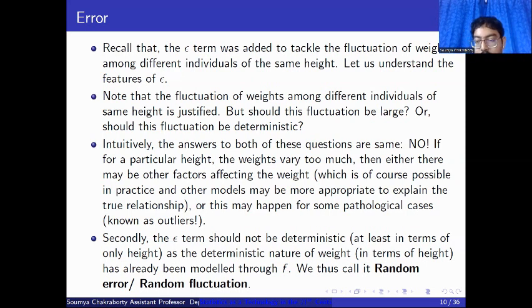In fact, we will commit some error. And this epsilon is basically that error term which is called random error, because it can take any value, but it is expected that it can take values of small magnitude, that is, close to zero, maybe positive or negative, but close to zero. At least it is expected if the model is close to correct.